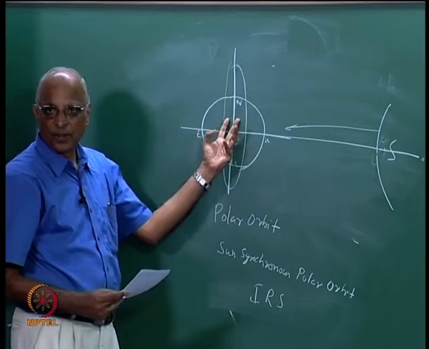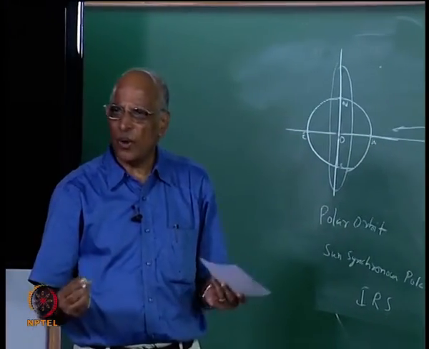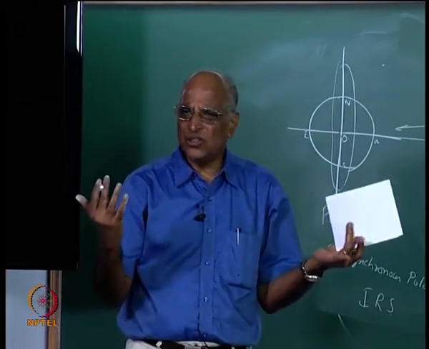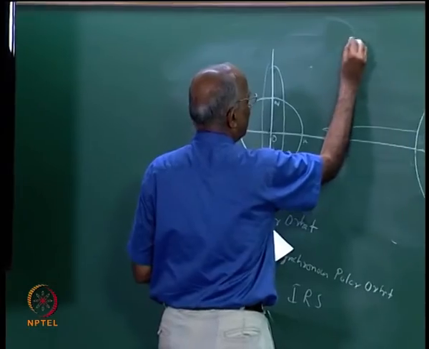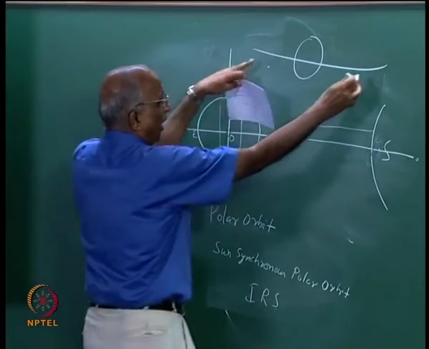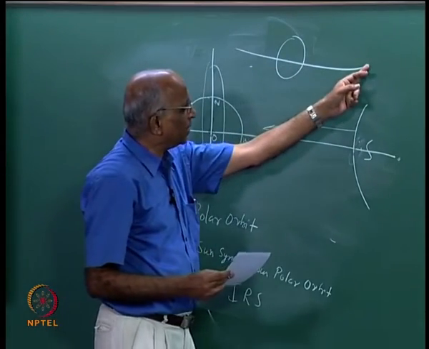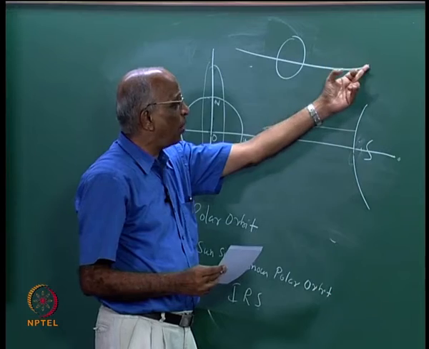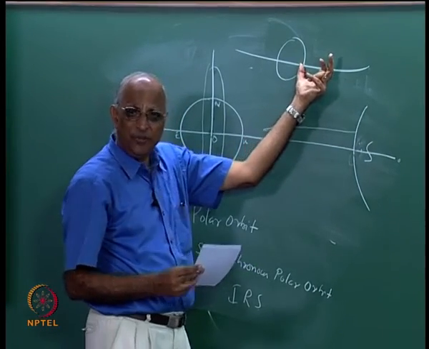Now let's divert our attention a little bit and ask ourselves, why all these different orbits? If I say geosynchronous orbit, that means I have the earth, and along the east west, I have a height of 35,000. The object which is rotating is always stationary with respect to the earth, and we must do this exercise.